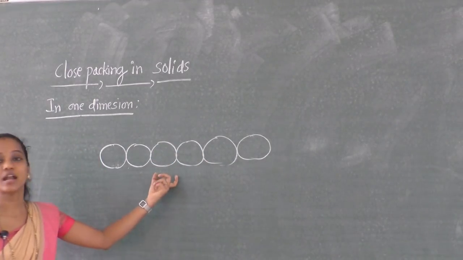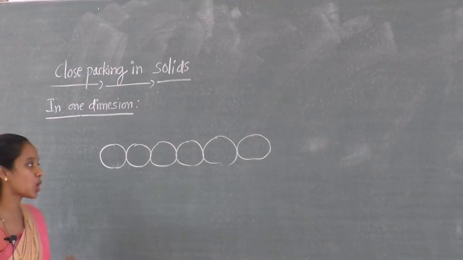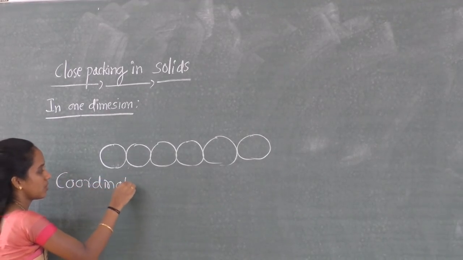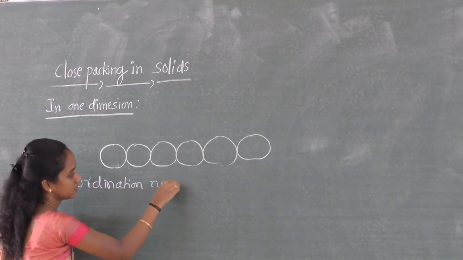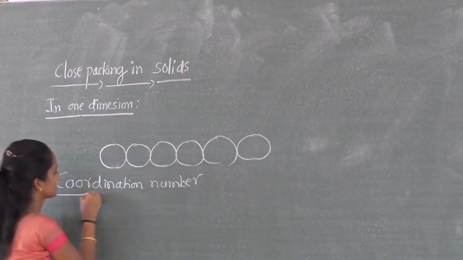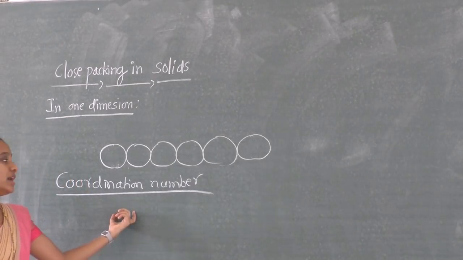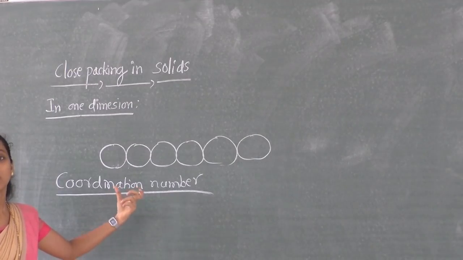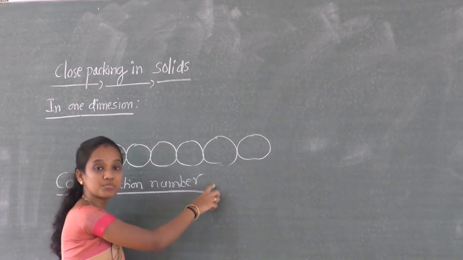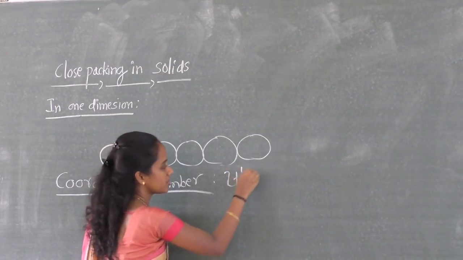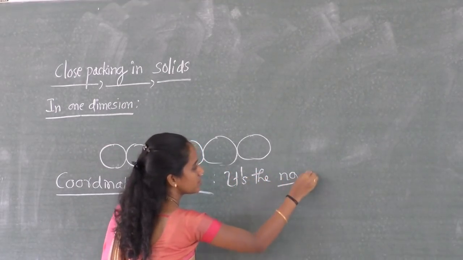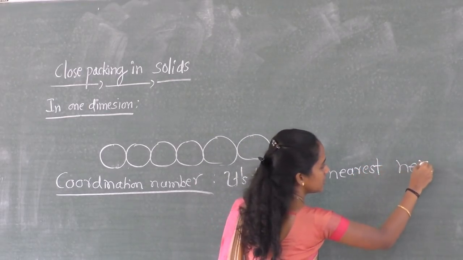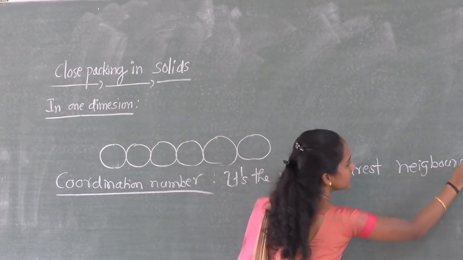Now here I'll define one important term called coordination number. So what is coordination number? It is the number of nearest neighbors of a particle.